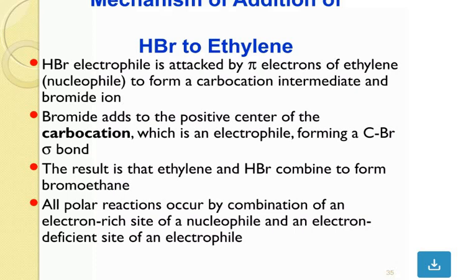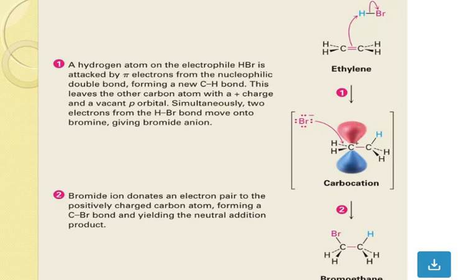All polar reactions occur by combination of an electron rich site of a nucleophile and an electron deficient site of an electrophile. So you can see here the hydrogen atom on the electrophile HBr is attacked by pi electrons from the nucleophilic double bond, forming a new C-H bond, and this leaves the other carbon atom with a partially positive charge and a vacant p orbital. Simultaneously, two electrons from the H-Br bond move onto the bromine, giving bromide anion.